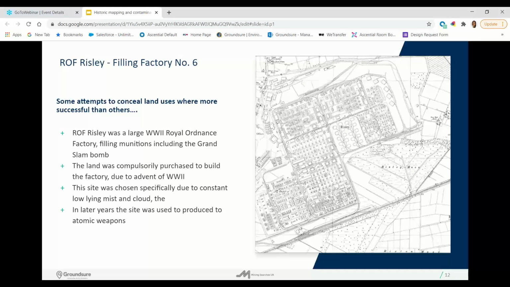Whilst former MOD land may have been subsequently used for other purposes, the decommissioning and remediation standards employed in the past are unlikely to meet present-day requirements. Additionally, the MOD commonly burnt unwanted materials, which could give rise to a number of issues. Now, Groundsure were recently informed by one local authority that they consider all MOD land as potentially contaminated.